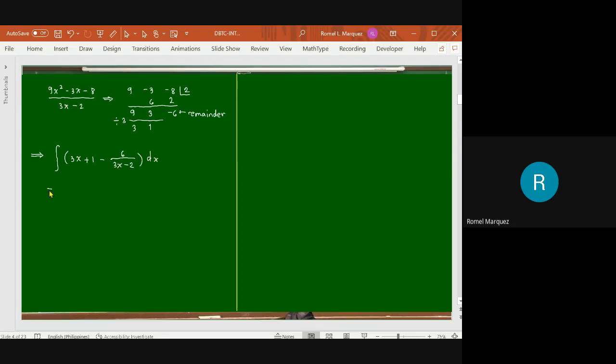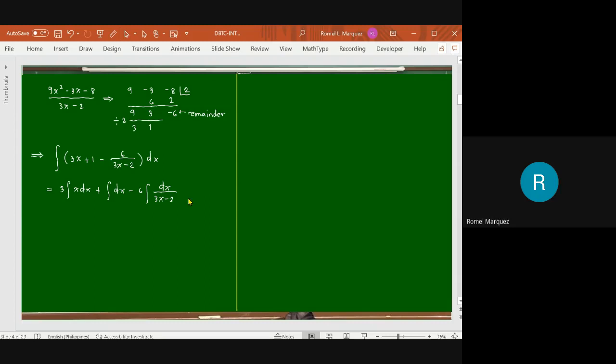So applying integration term by term, we have 3 times the integral of x dx, you can put the 3 outside because it is a constant, plus the integral of dx. And then lastly, we have 6 times the integral of dx over 3x minus 2.